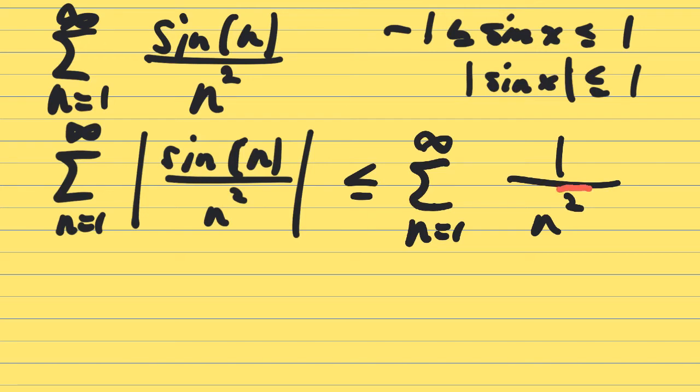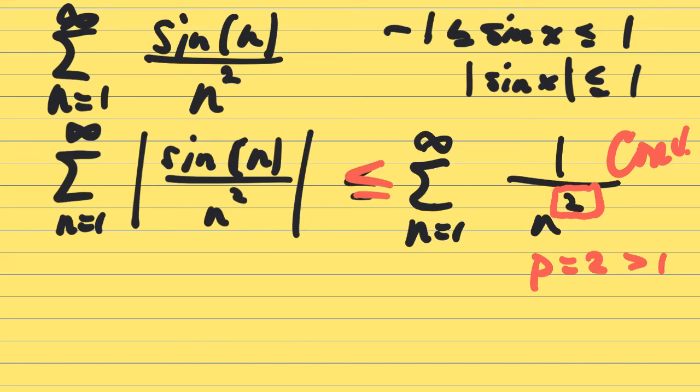This is a convergent p-series because the power is greater than 1. If that converges, then any series less than that is also going to converge.